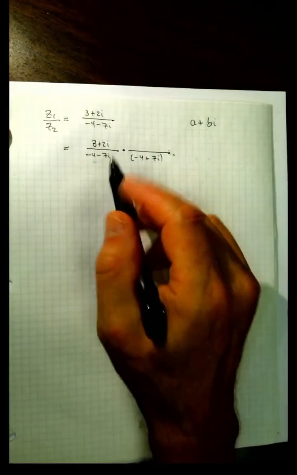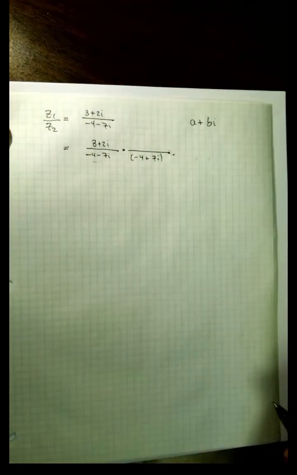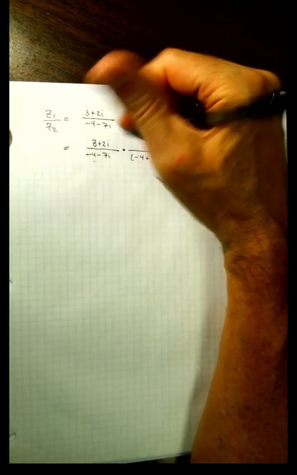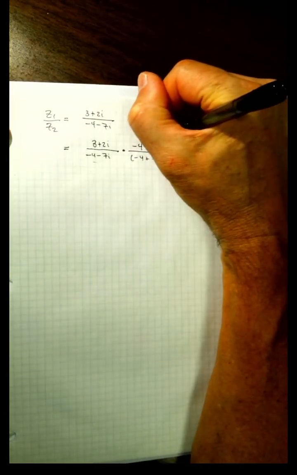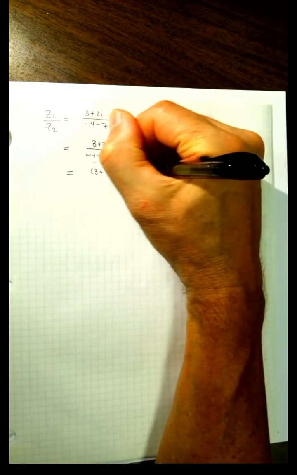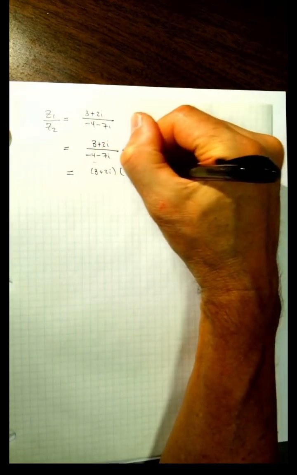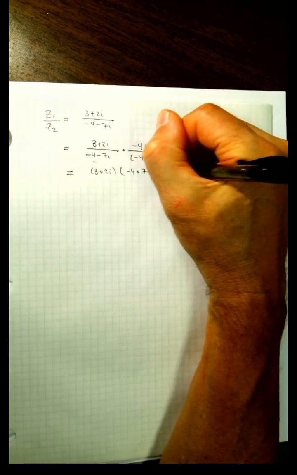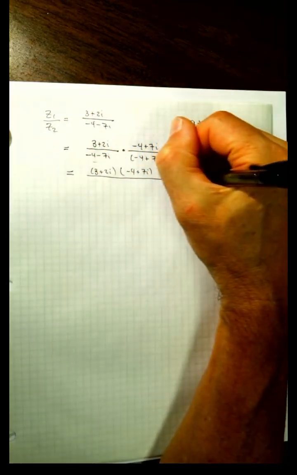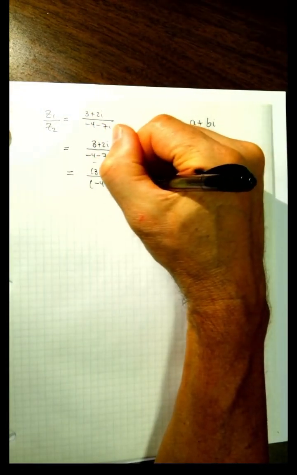So I'm just multiplying this by -1, putting it there. Problem is I can't just multiply that by itself. I have to multiply by 1 in a clever way. So now I'm multiplying by 1, and I'm going to break these up into 2 pieces. I've got the numerator, and I've got the denominator.